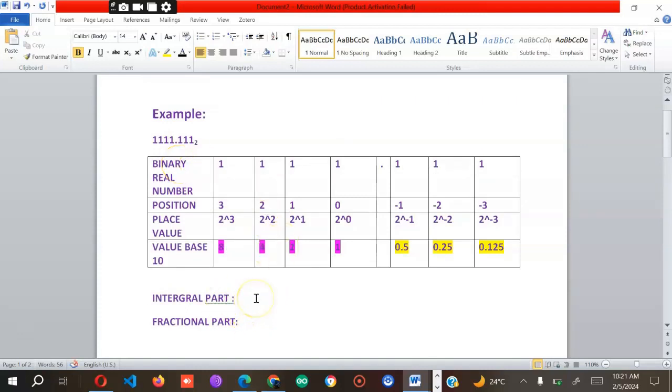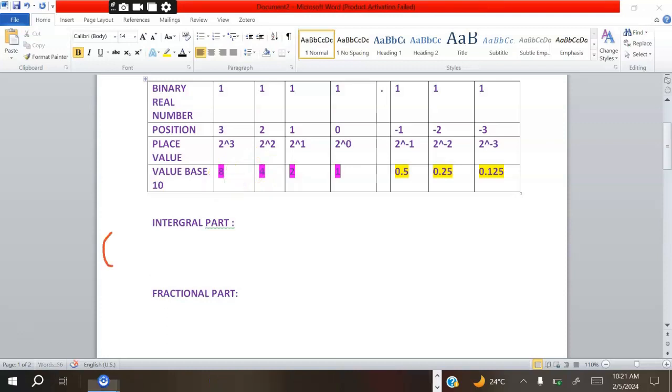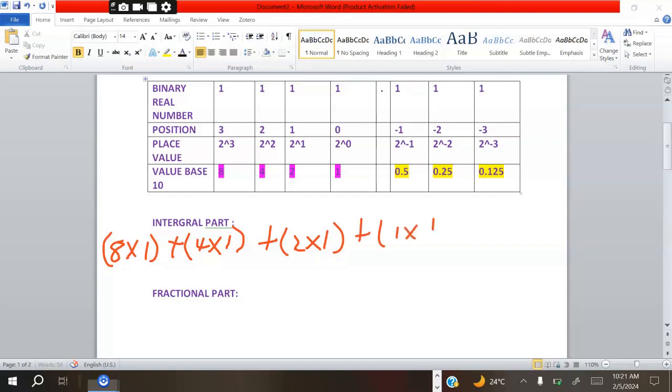So we have the integral part, that is 8 multiplying by 1 plus 4 multiplying by 1 plus 2 multiplying by 1 plus 1 multiplying by 1.